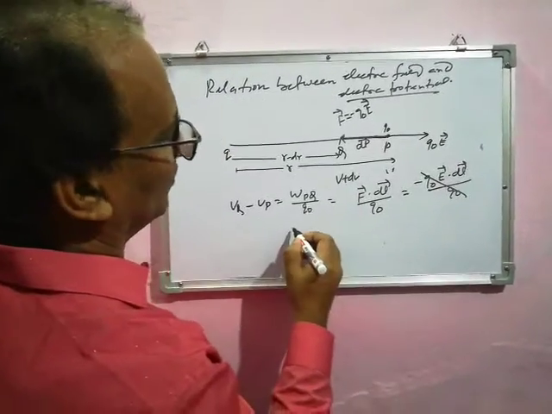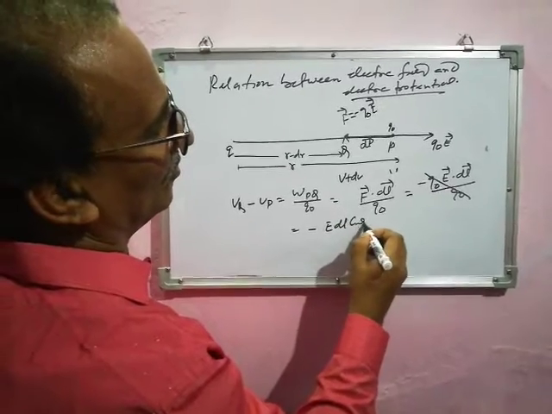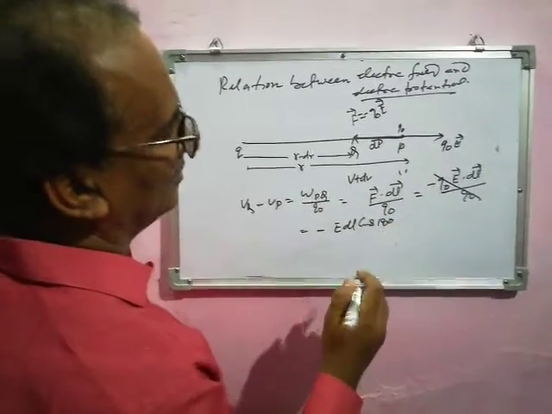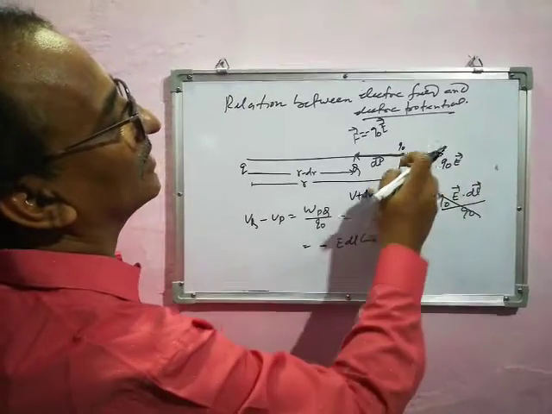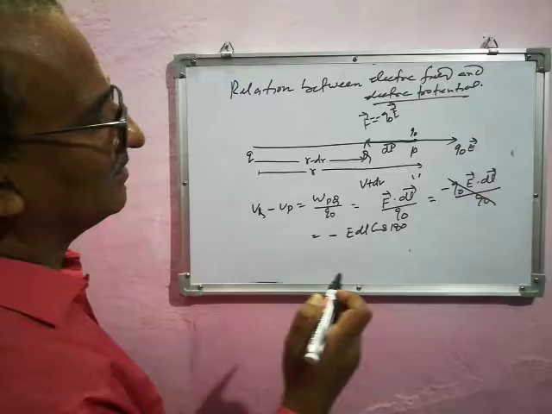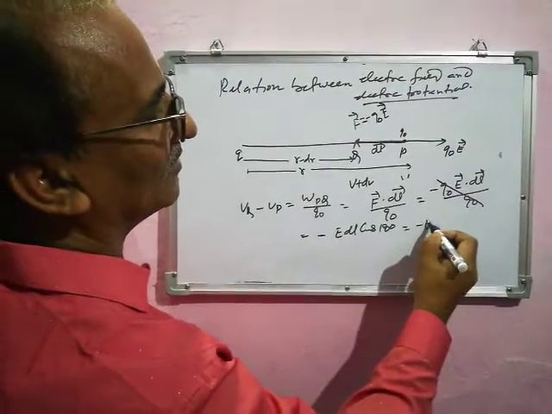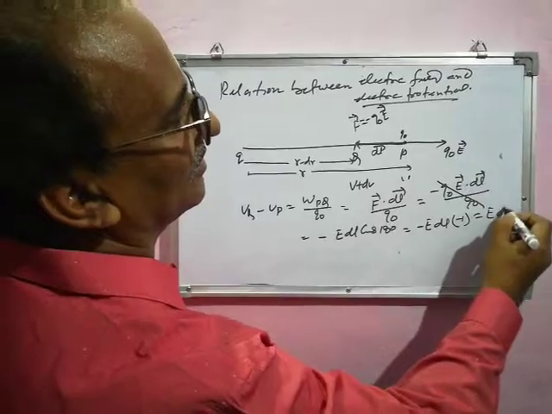It becomes equal to minus E dl cos 180 degrees. The angle between E and dl is 180. Electric field is directed along this direction and displacement has taken place along this direction. So it becomes equal to minus E dl cos 180, and cos 180 is minus 1, that is E dl.